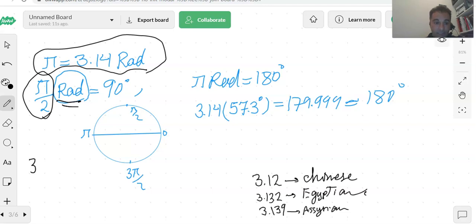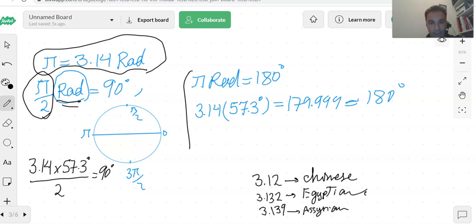Because 1 radian is 57.3 degrees, divided by 2. If you do it, this answer becomes 90 degrees. Make sense? So same thing here.